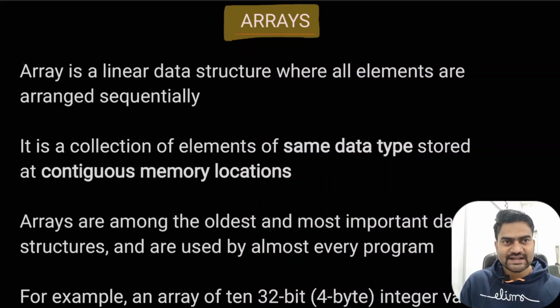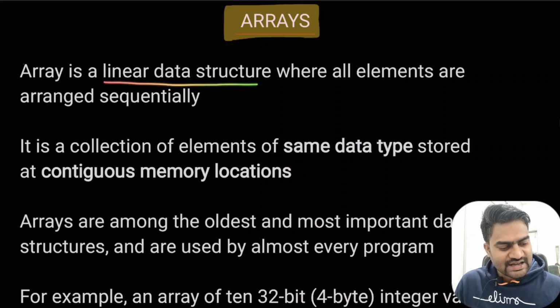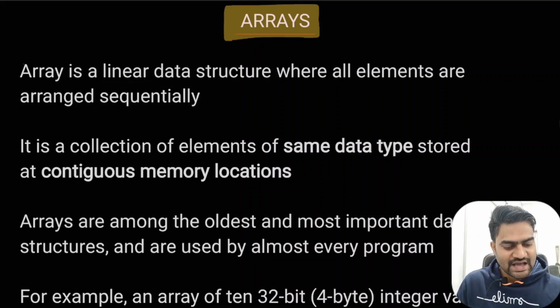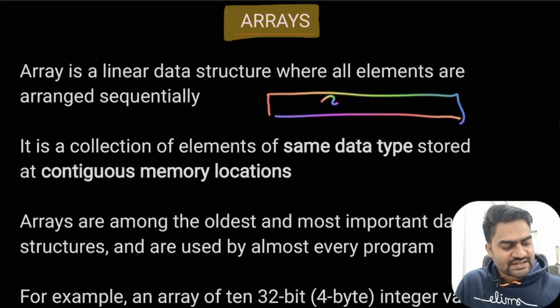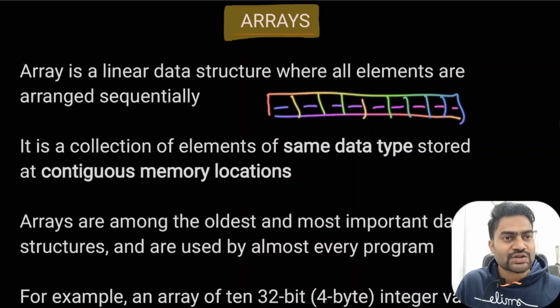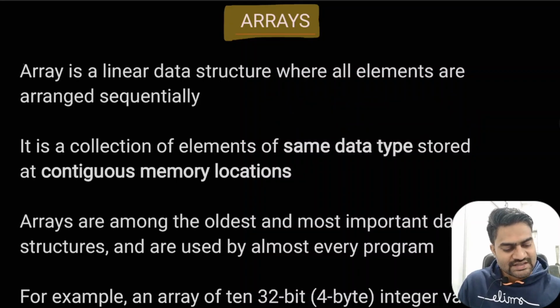So what exactly is an array? Basically, an array is a linear data structure where all elements are arranged sequentially. Let us assume this is some structure, and if you see, there are spaces where we will be able to store the elements in multiple blocks. So they are stored sequentially.